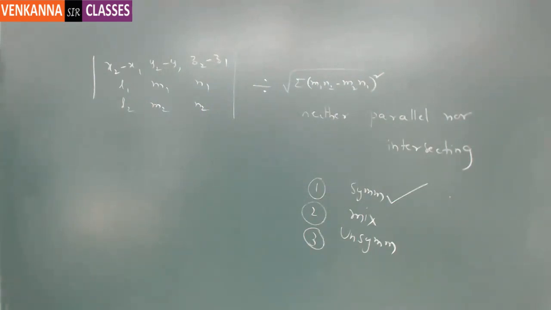So if both the lines are given in symmetric form, you have the DCs as well as the points on them. Using this formula, the determinant value divided by the square root of that expression gives the distance value straight away. So here we are just calculating the SD, we are not calculating the line of SD. Okay?